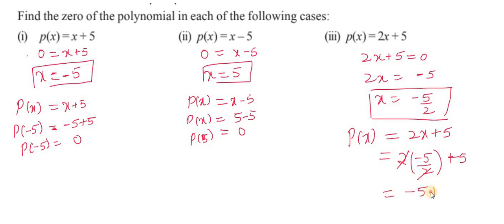Minus 5 plus 5, which is equal to 0. Yes, we got the answer, that is p of x is equal to 0. By which value did you get 0? That is nothing but x is equal to minus 5 by 2. So therefore the zero of the polynomial p of x is equal to 2x plus 5 is minus 5 by 2. I hope you understood what we mean by the zero of a polynomial.